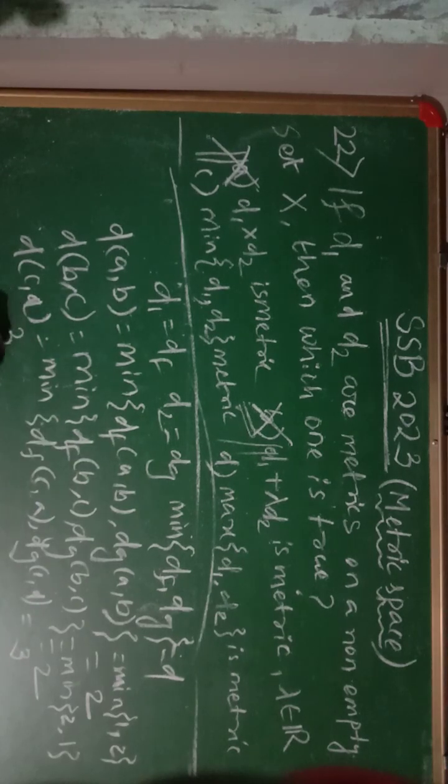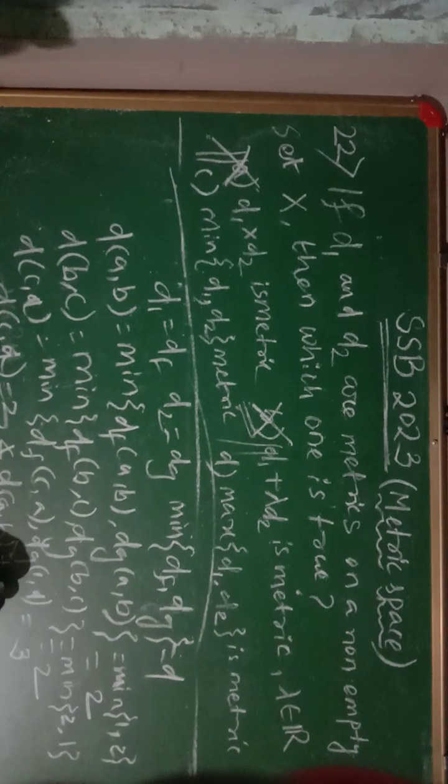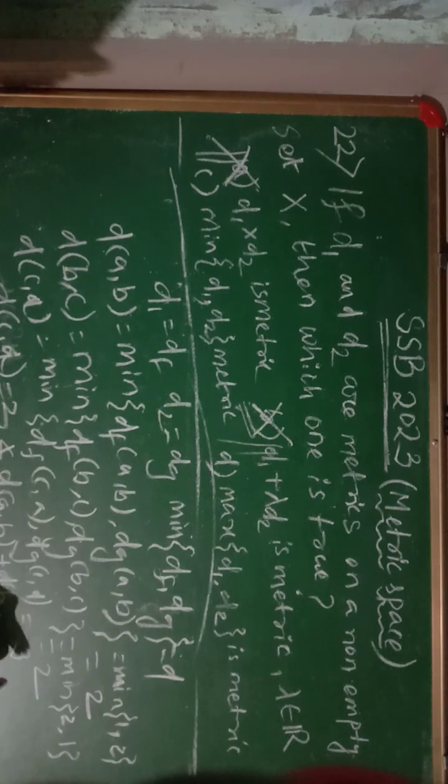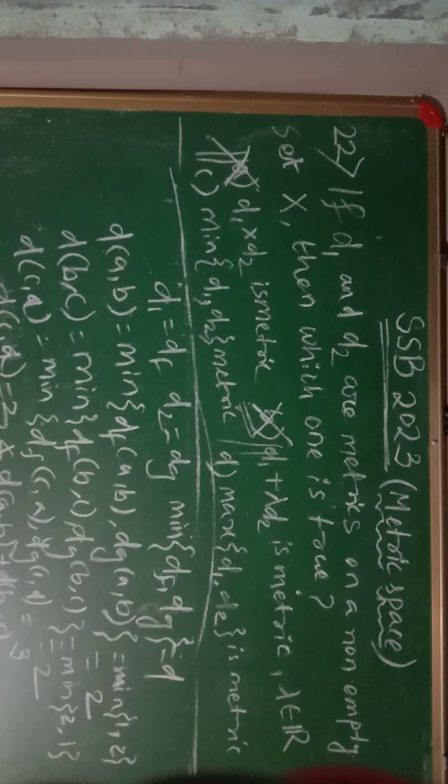Here 3 is D of C comma A. D of C comma A equals 3, which is not less than or equal to D of A comma B plus D of B comma C.